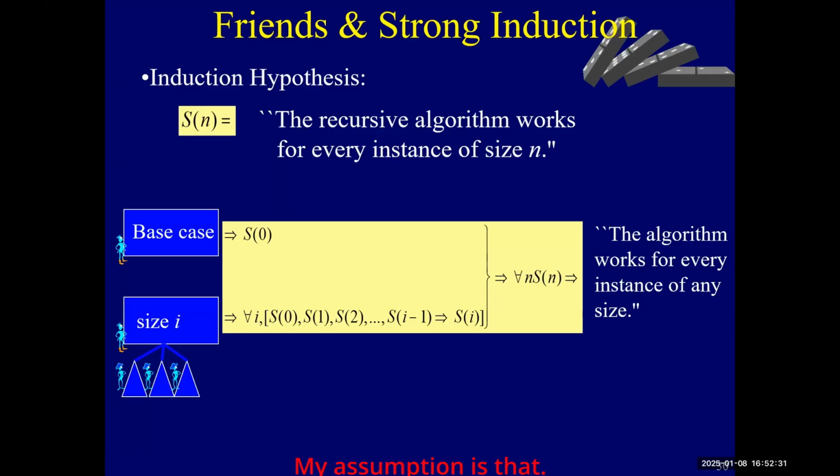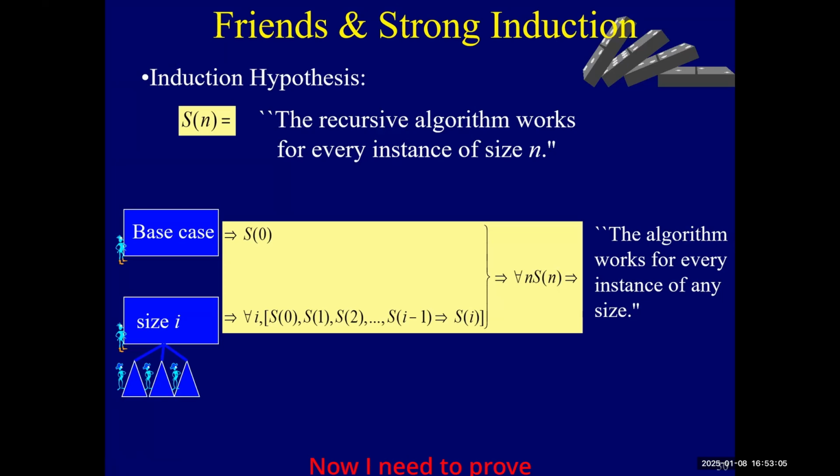My assumption is that the program works for any input that's smaller than i. Would that be a universal statement? Yeah. For all inputs smaller than i, I'm assuming that it works. Do I know they work? No, I don't. I'm assuming it. We're proving this implication. So we're assuming it works for smaller inputs, and then I'm trying to prove that it works for inputs of size i.